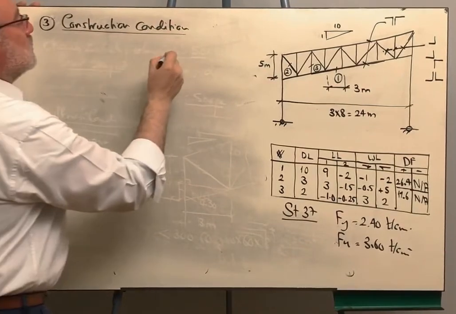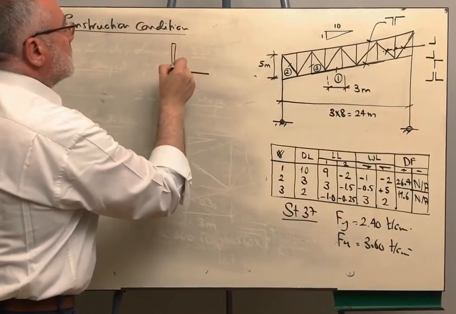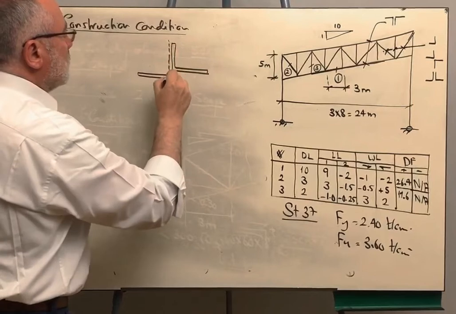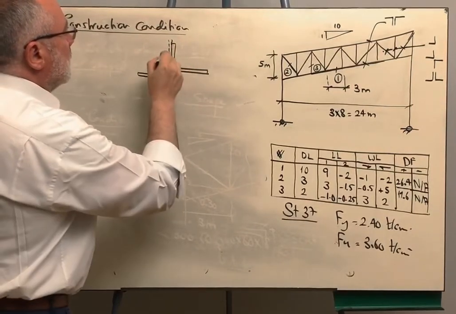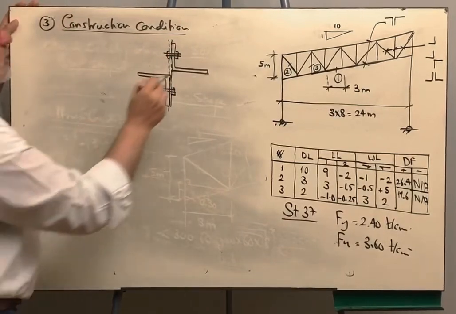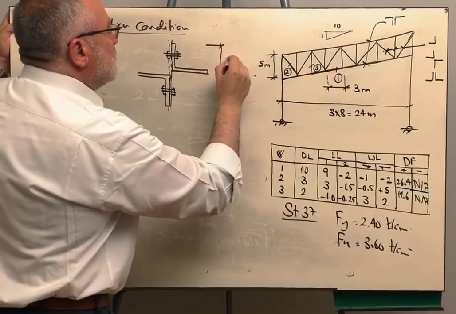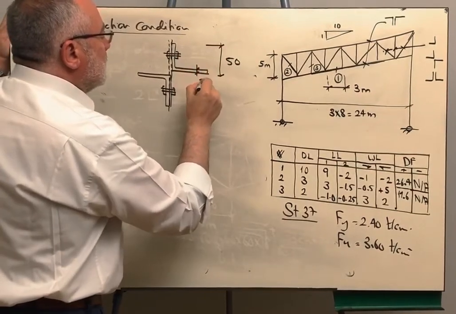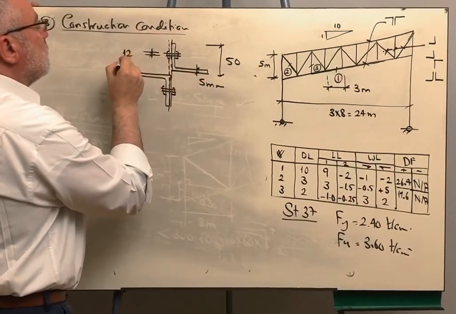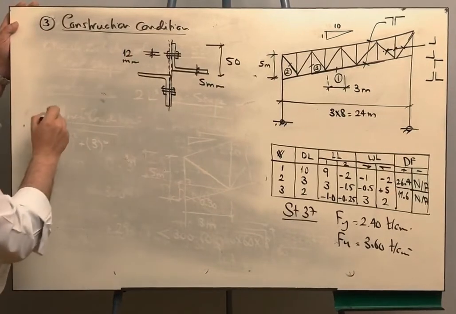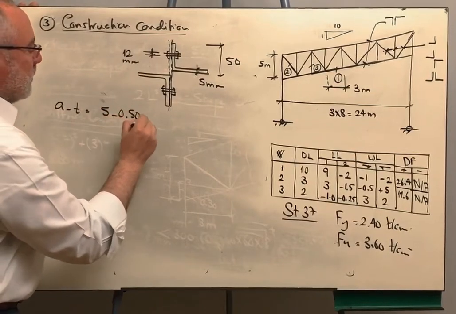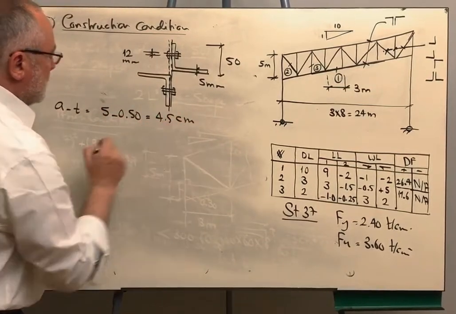The section looks like that, and we are having the gusset plate here, and there is a bolt here, and we are having a bolt there. The angle leg is 50 millimeter, and the thickness is 5 millimeter, and the bolt diameter is 12 millimeter. So we say here A minus T will be 5 minus 0.5, it is 4.5 centimeter.